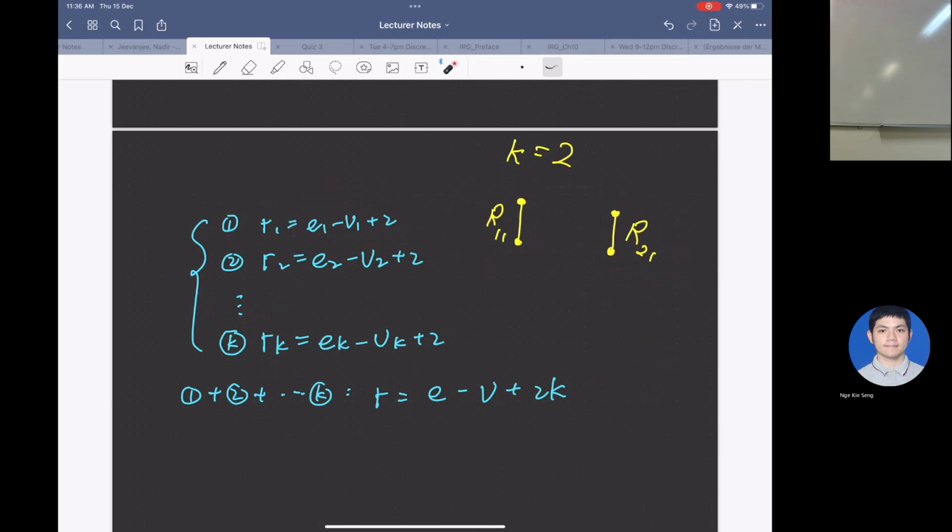But the question asks about the whole planar graph that contains these K connected components. So for the whole graph, R should be just one, but separately they each have one. If you add all of them together, you get extra. This is what I say: R is not equal to R1 plus R2.